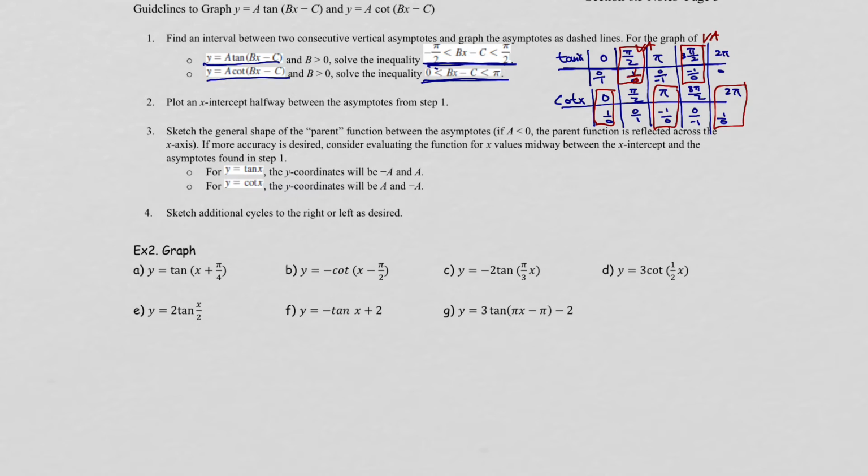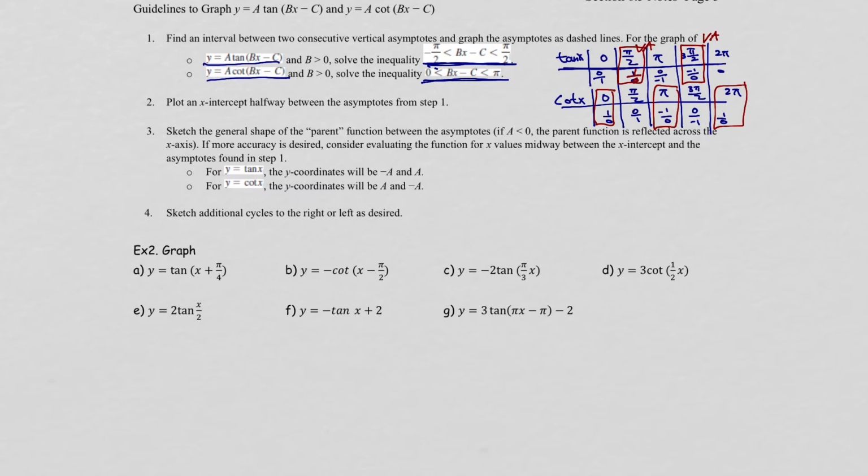Cotangent, right? Depending on what types of functions you have, you should be able to add and subtract from this standard 5 points. So that's the second way of graphing tangent and cotangent.